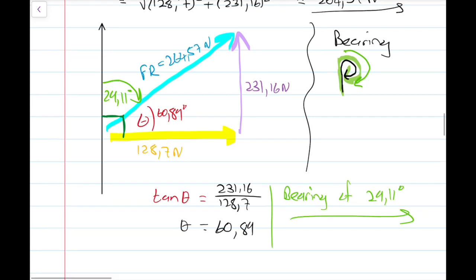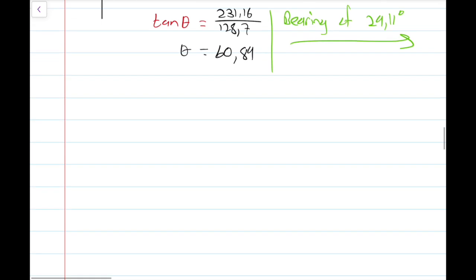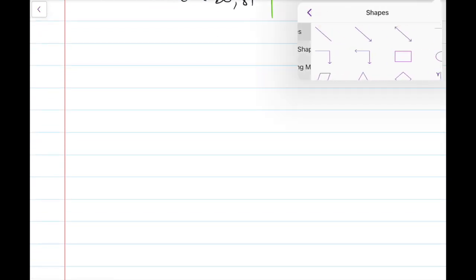Now, I know you may not get this immediately, so I want to make sure you understand how you identify what the actual bearing angle is.